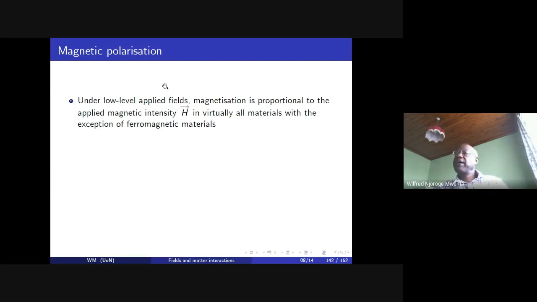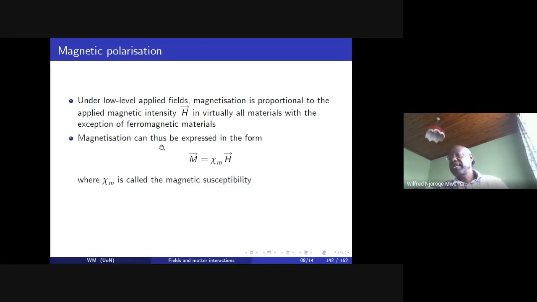When we have low level fields, the magnetization will be proportional to the applied magnetic intensity H, okay, in virtually all materials, except in ferromagnetic materials, which we shall see why.